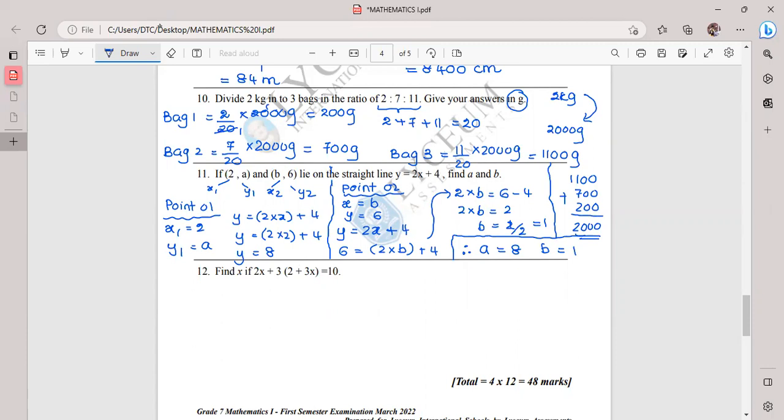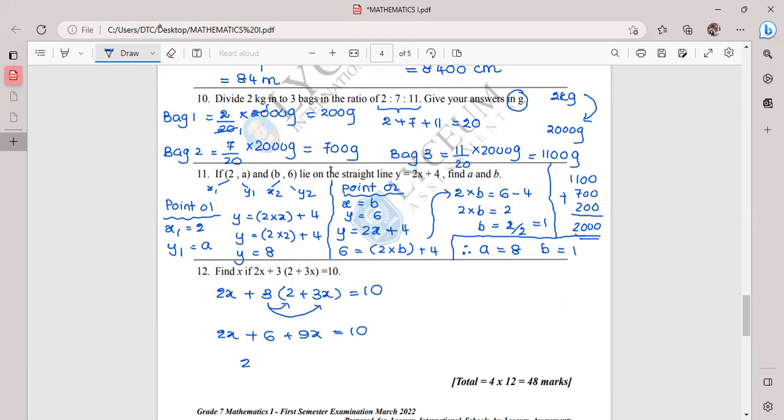So then the next one, we want to simplify this. 2x plus 3, 2 plus 3x equal to 10. Now, first you solve the bracket. How are we going to solve the bracket? 3 times 2, 6, and 3 times 3, 9x, equal to 10.